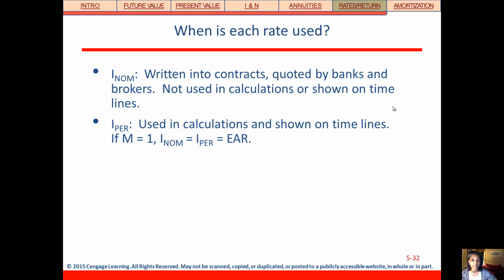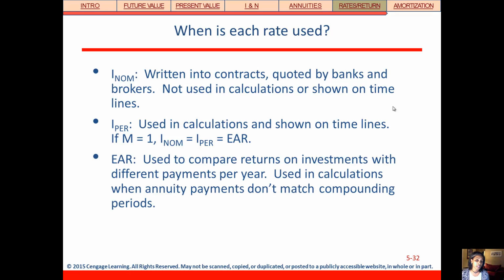Because when the compounding frequency is annual, the nominal rate is equal to the periodic rate, because there's one period per year. The periods are years. So the periodic rate is what we use in calculations and show on timelines, and the EAR is what we use to compare investments with different payments per year.